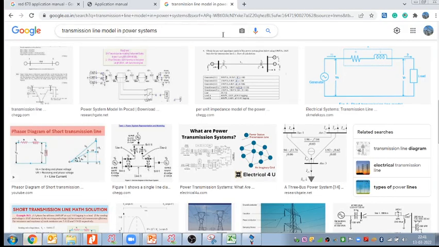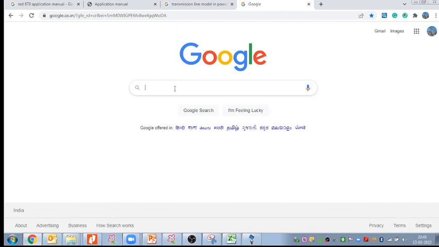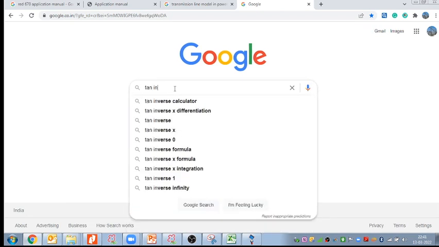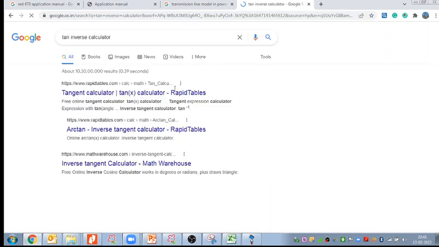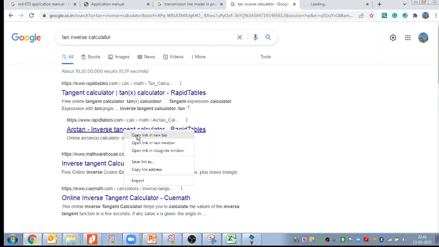If you are facing any difficulty, you can use this here also. I think from Google we can also do the tan inverse, a tan inverse calculator. I have not tried, but I think we can do it.